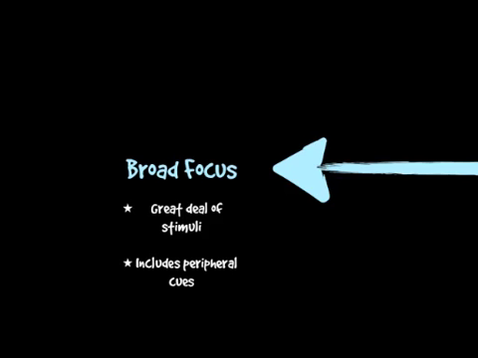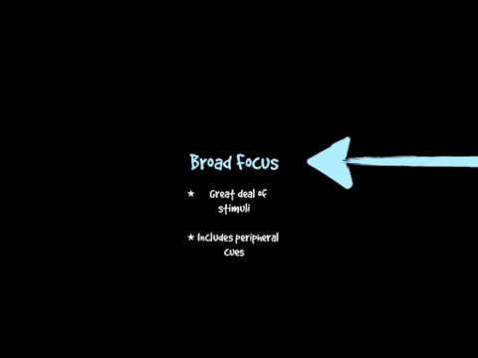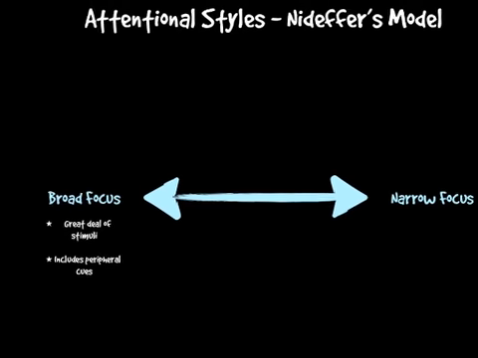For example, a broad focus would be playing football in a match situation, and you might take into account the opposition, the players on your team, the ball that you're running with, where the opposition goalkeeper is, and what the crowd are doing. That is a broad focus. There are lots of stimuli to think about within that particular aspect.